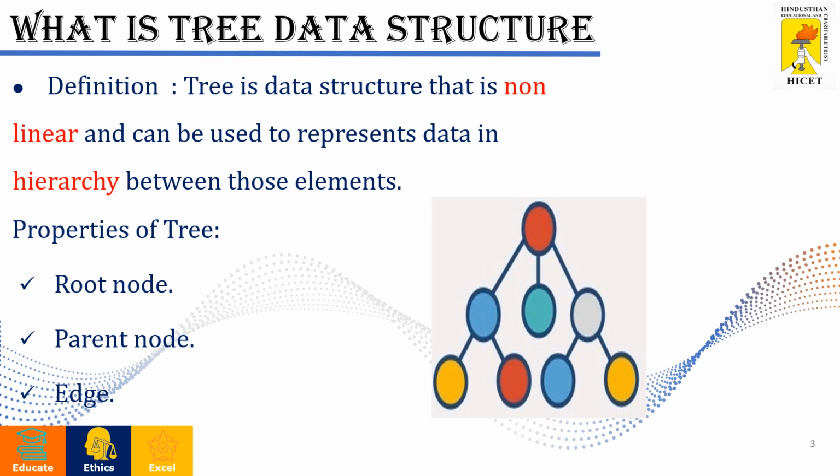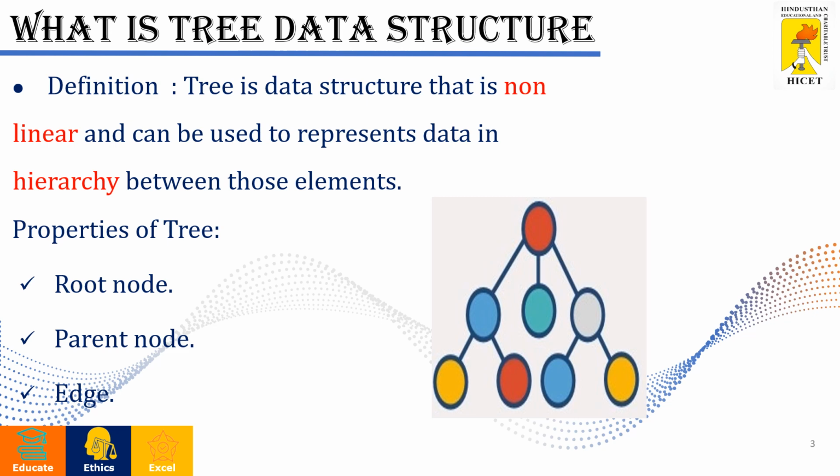So from this diagram, you can tell the last level of nodes, red and yellow, are children of the blue node. The blue node is known as the parent node here. Then next one is edge. So all these nodes are connected via edges, or you can tell each node is connected to its children through edges.